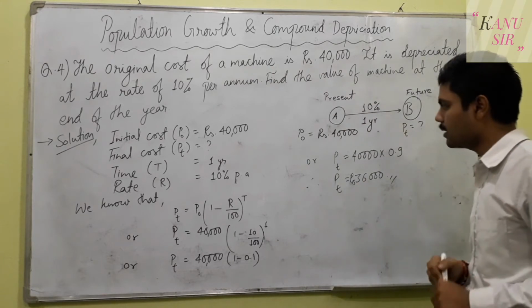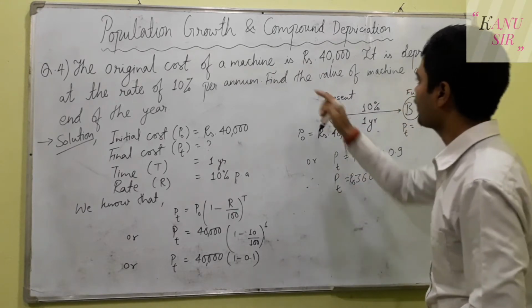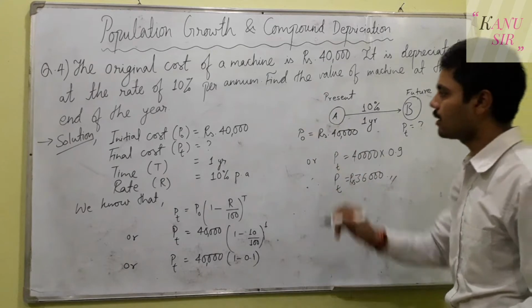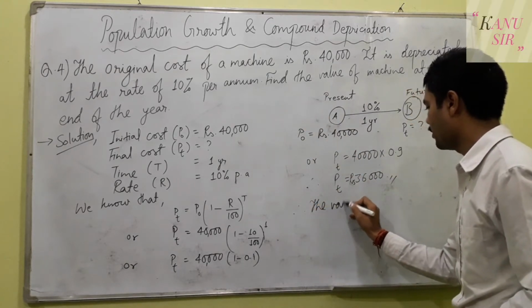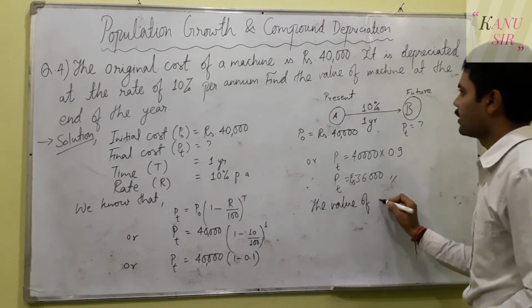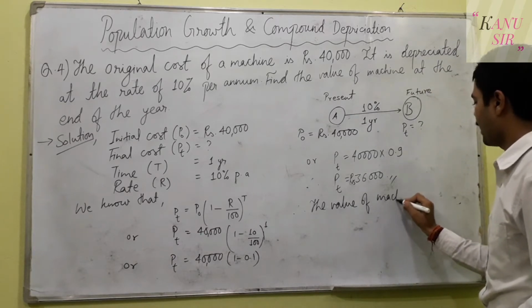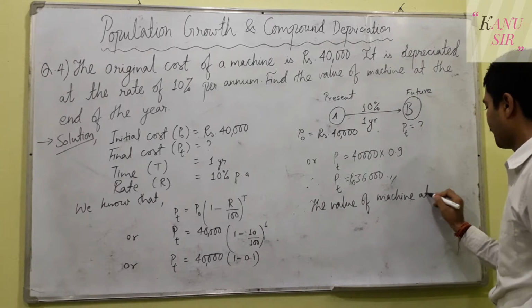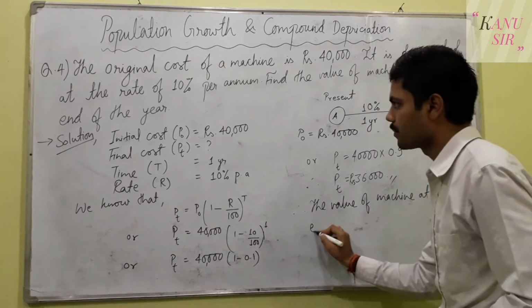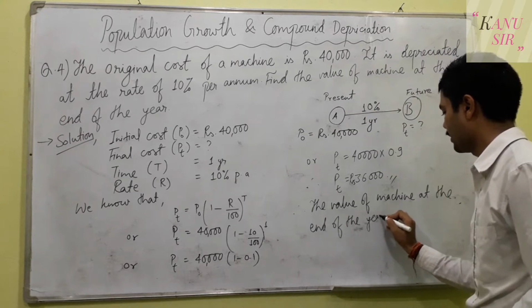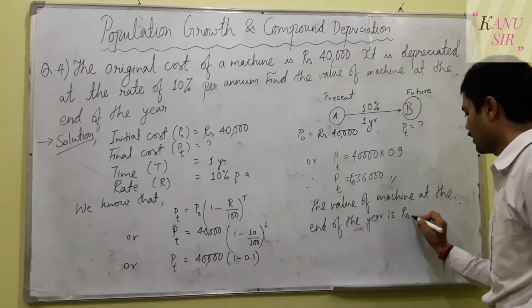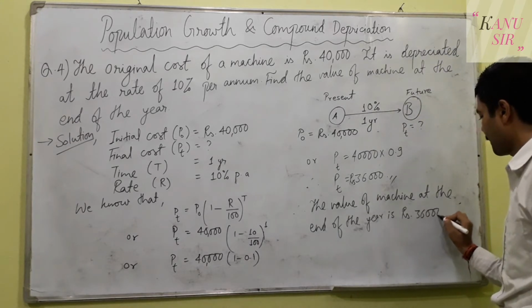As the question asks, find the value of the machine at the end of the year. Therefore, the value of the machine at the end of the year is rupees 36,000.